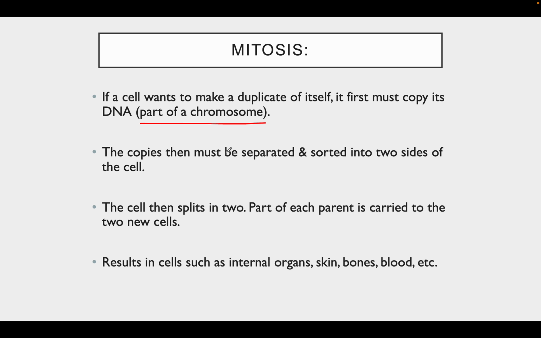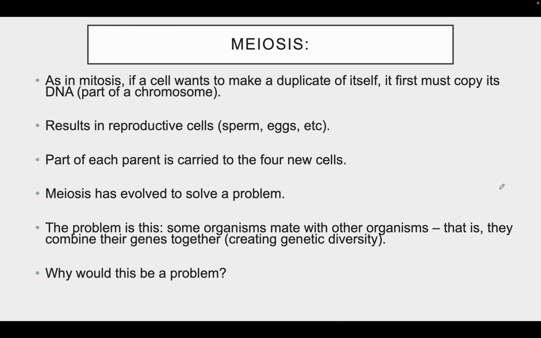The copies then must be separated and sorted into two sides of the cell. The cell then splits into two. Part of each parent is carried into two new cells. This results in cells such as internal organs, skin, bones or blood.